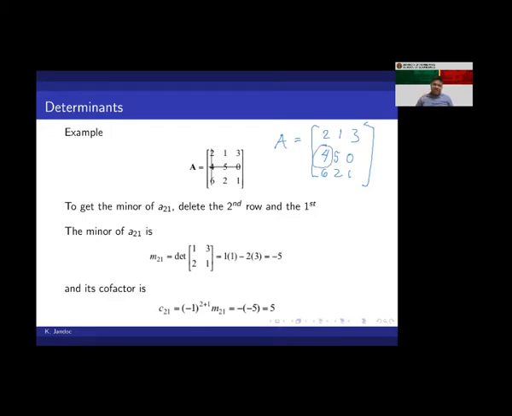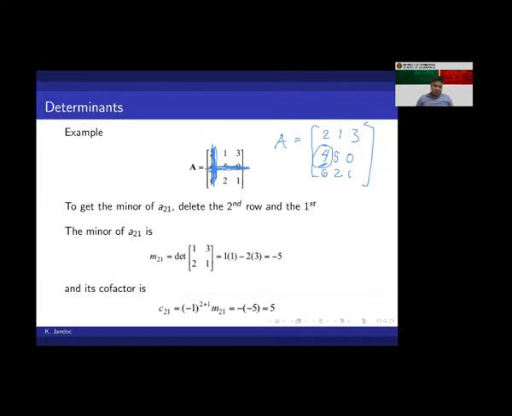The definition of the minor is the determinant of the submatrix that you obtain by deleting the ith row and jth column associated with that entry. So what's the row number? The ith row is row 2 because this entry is located in the second row. So you delete the second row, and the jth column associated with this entry is column 1, so you delete that column.